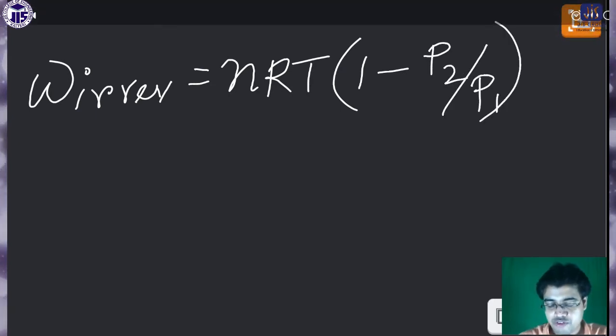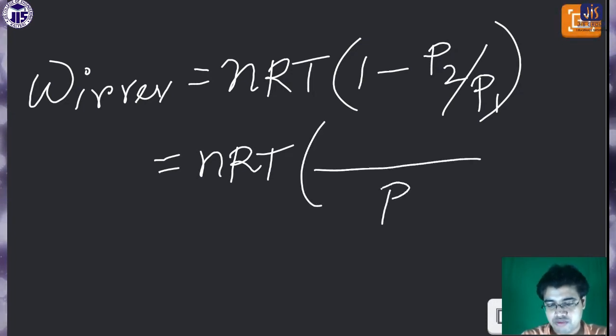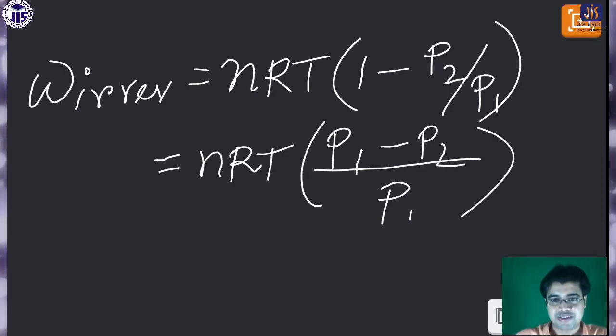You have to keep in mind, for irreversible work, this is very important. Okay, for irreversible cases, or we can write down that nRT into P1 minus P2. Okay, so either nRT into P1 minus P2 by P2, or 1 minus P1 by P2, whatever.